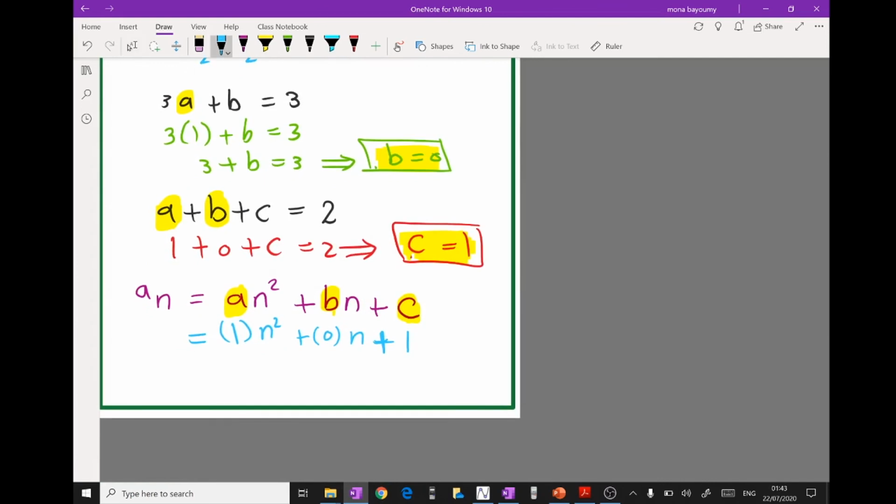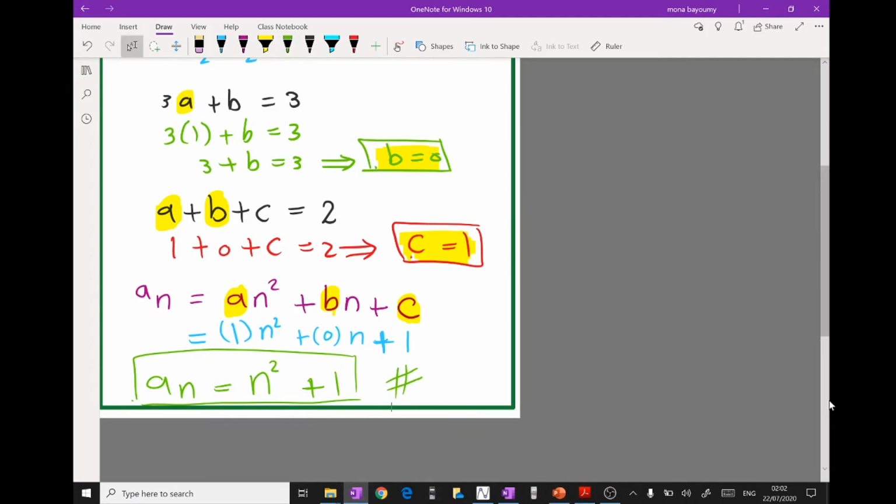So an equals 1 times n square, which will be n square, 0 times n will be 0, plus 1. So an equals n square plus 1. This is the nth term. I think everything is very easy now. So in this video we learned how to find the nth term for the linear sequence and for the quadratic sequence.